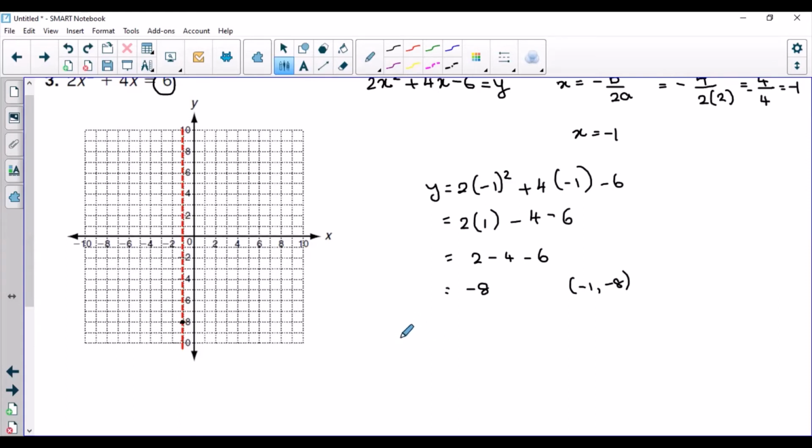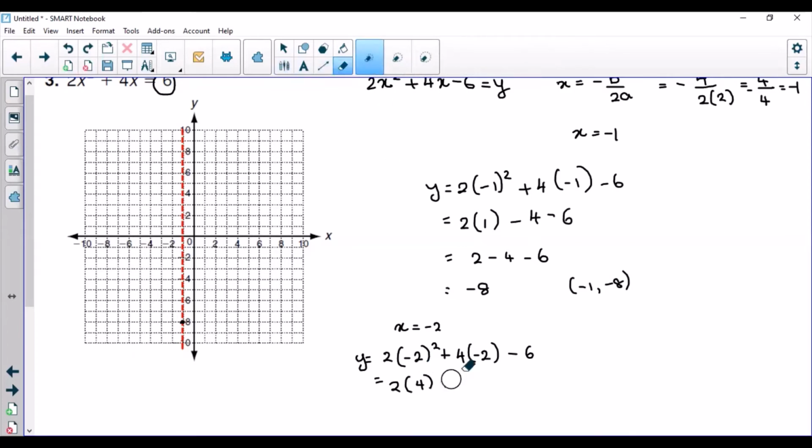Let's use x is equal to negative 2. So if you're using x is equal to negative 2, it's going to be 2 multiplied by negative 2 squared plus 4 multiplied by negative 2 minus 6 equals y. So this is going to be 2 multiplied by 4 because negative 2 squared is 4. Then again 4 multiplied by negative 2 would give you a negative 8.